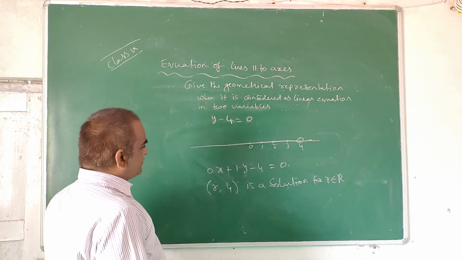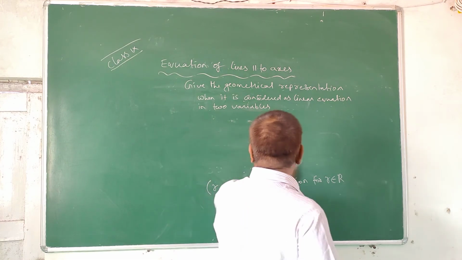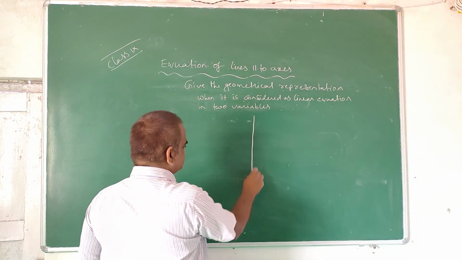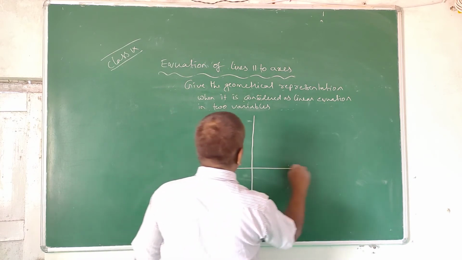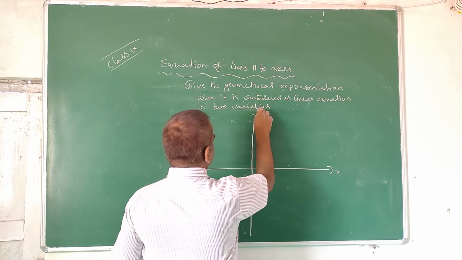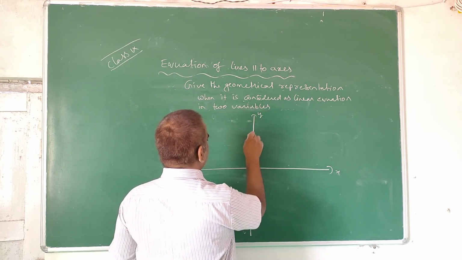So now if you draw the graph of this second situation, see here. This is the x-axis, this is the y-axis, this is the origin, 1, 2, 3, 4.